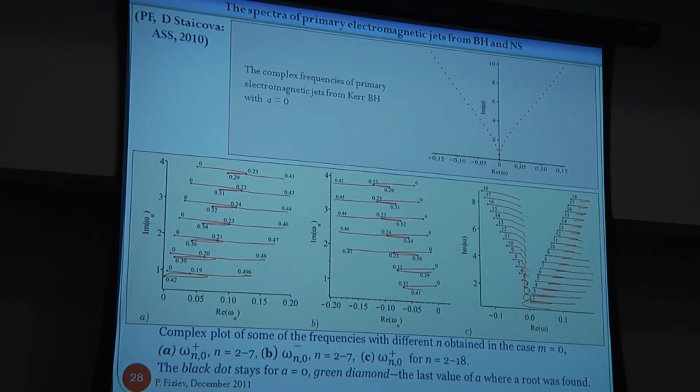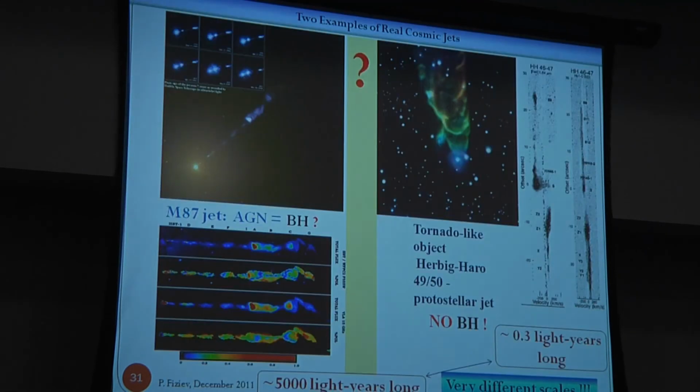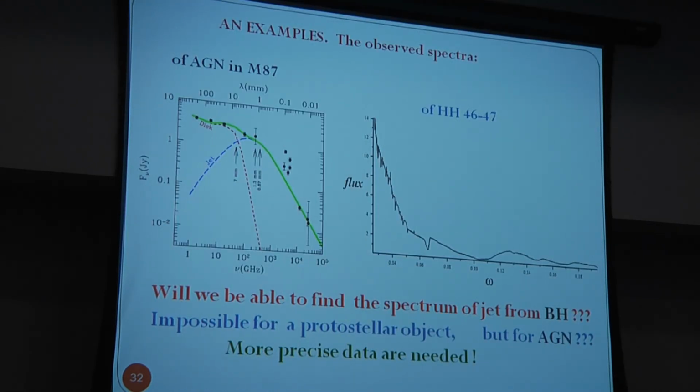This is a black hole. If in real life we see other frequencies which do not satisfy black hole boundary conditions, we will know that in M87 there is no black hole. This is the main idea.